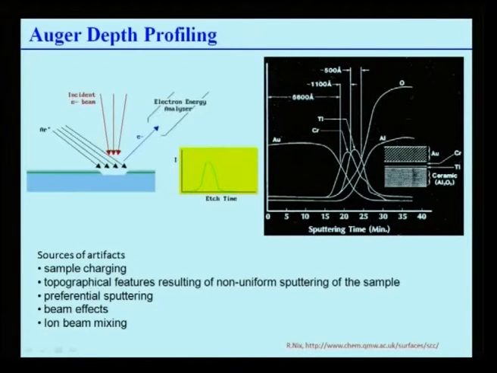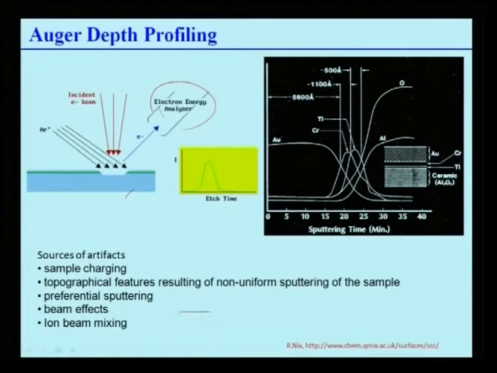Next, after giving you an idea of chemical shift, chemical detection of different elements and species, as well as quantification, let us go to depth profiling, Auger depth profiling. Well, what is Auger depth profiling actually? As you know, this is a sample, and you have an incident electron beam coming in, which generates Auger electrons. They go to the electron energy analyzer, and then you get the peaks. Many times you can routinely get these peaks. Now we can use argon ions to sputter the sample surface sequentially.